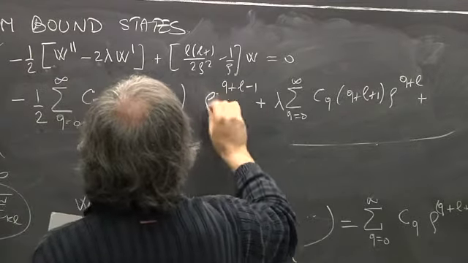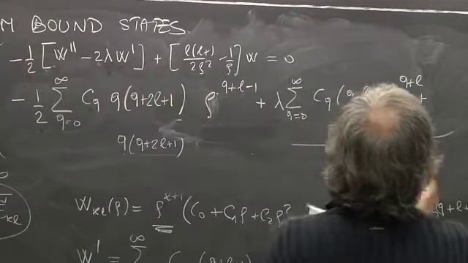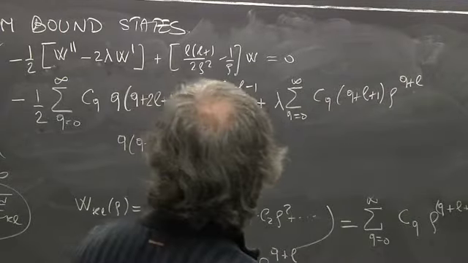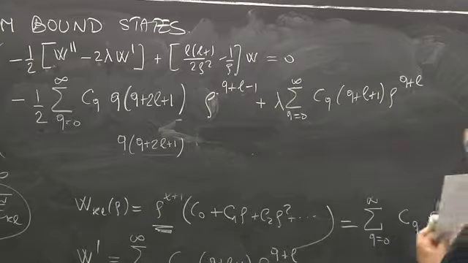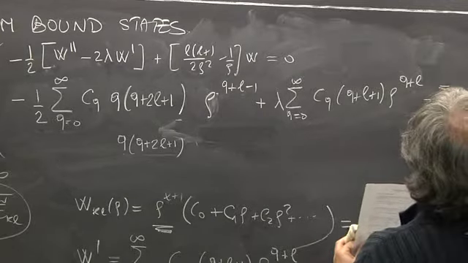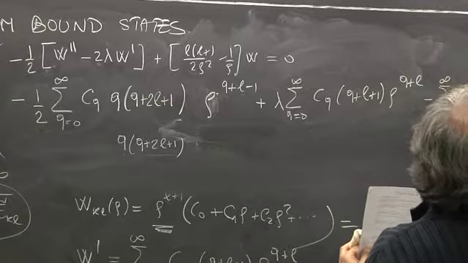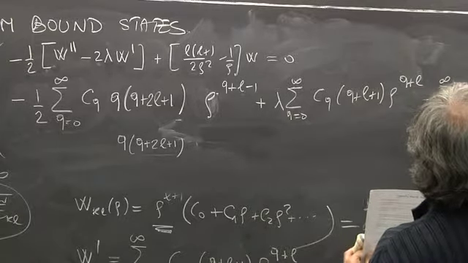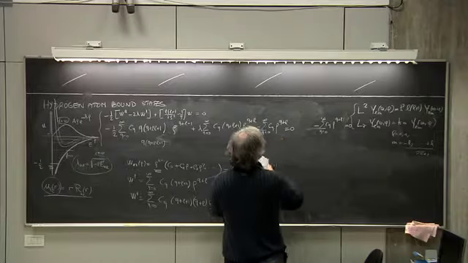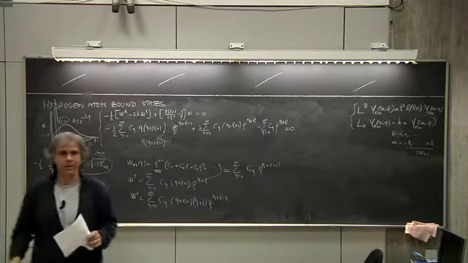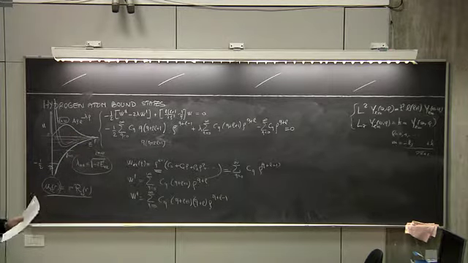Clear to everybody? So, let me write this closer: minus sum over Q from 0 to infinity, C_Q rho Q plus L, equal to 0. Bear with me for a few more minutes, please. Don't detach your attention.